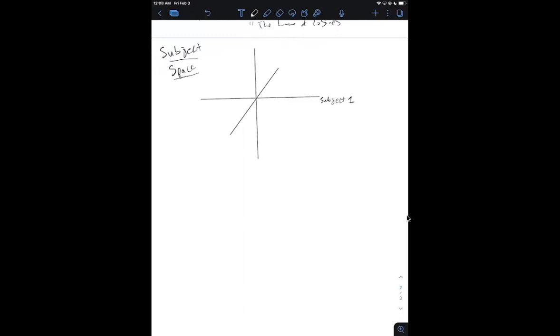This is also sometimes known as observation space. The assignment here doesn't really matter too much. We could make this subject 2 down here and this subject 1 up here, no difference made. By the way, the z direction here will also be subject 3. The principle is that the dimensions of the space correspond to individuals.